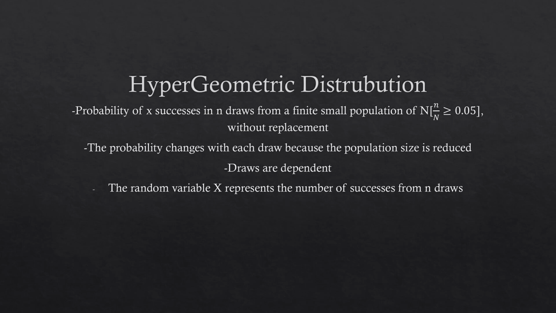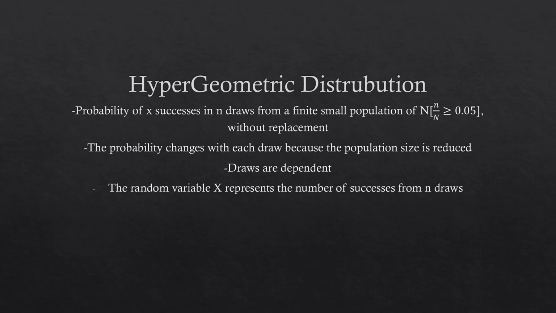Now next up we have the hypergeometric distribution. This distribution is the probability of x successes in n draws from a finite small population, which is where the binomial part came from, where our little n over big N has to be greater than or equal to 0.05, or in terms of binomial, it has to be less than 0.05.